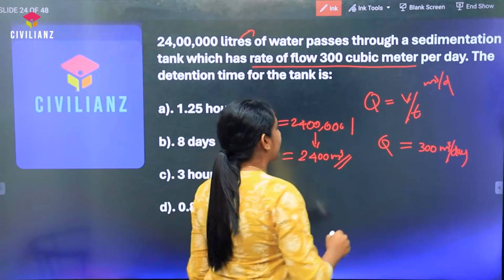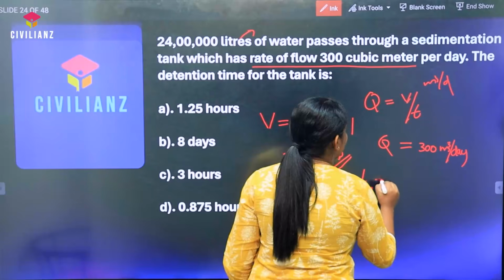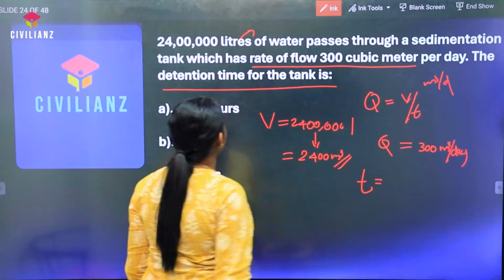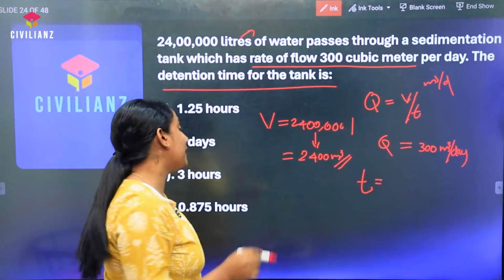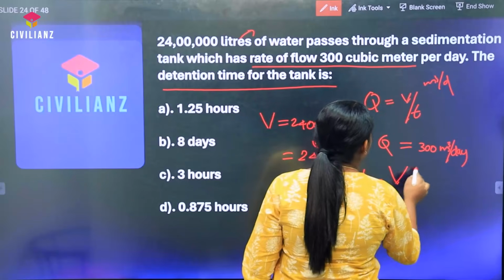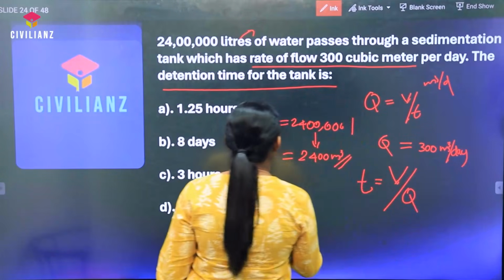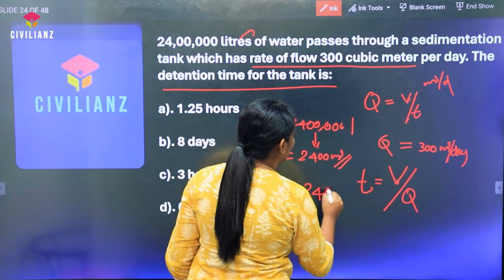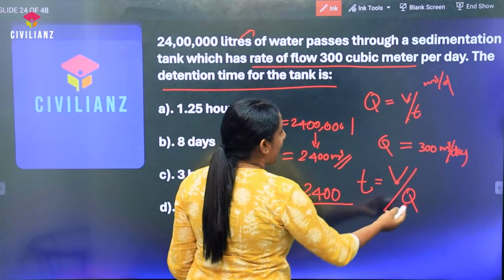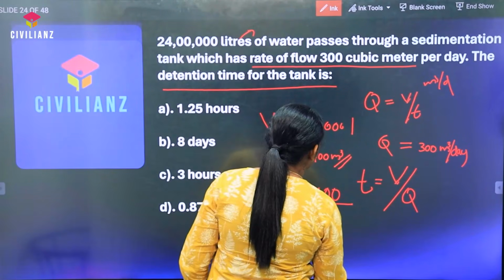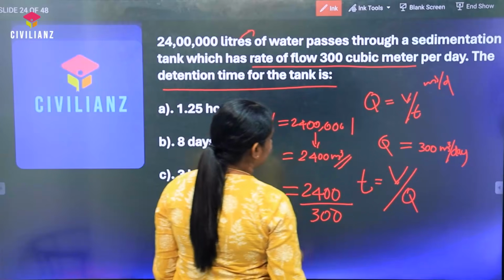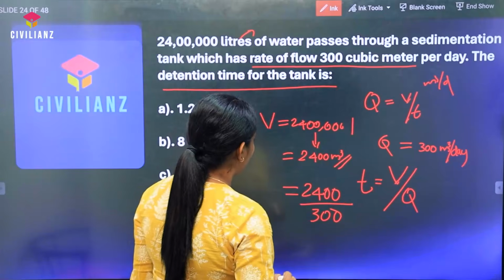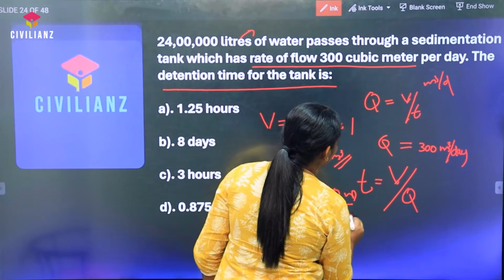Okay, so we have to find out the detention time for the tank. Detention time equal to V divided by Q. What is V? Already we have converted the V value, 2400, and the Q value is 300, meter cube per day.